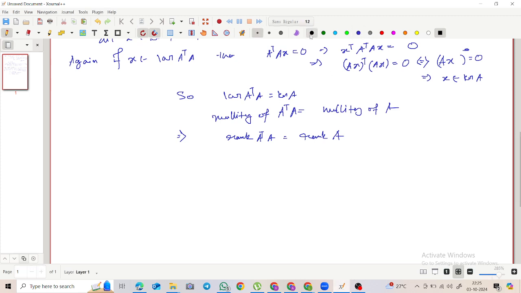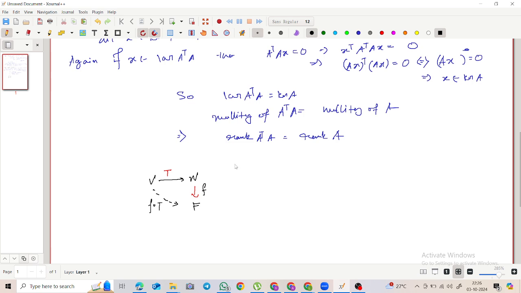Say from V to W there is a linear transformation T. Okay. So suppose there is a small f. So what is it?